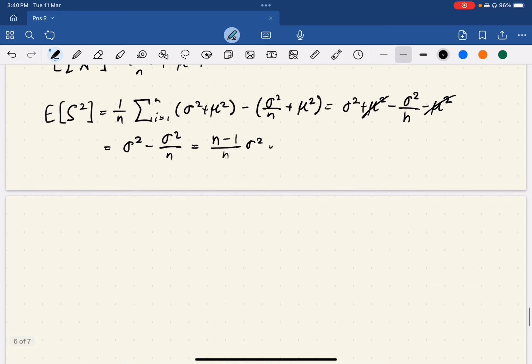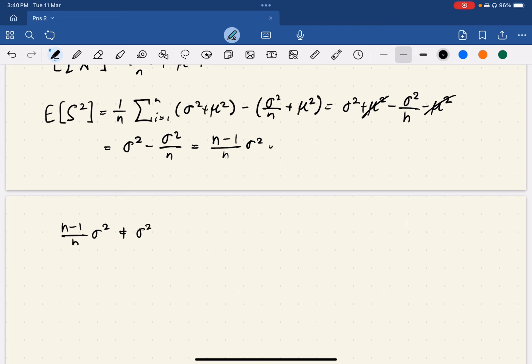Now we note that this function here is not the same as theta, right?